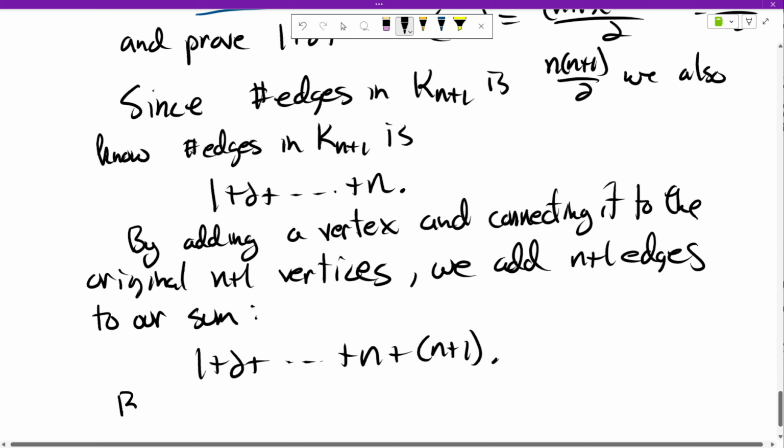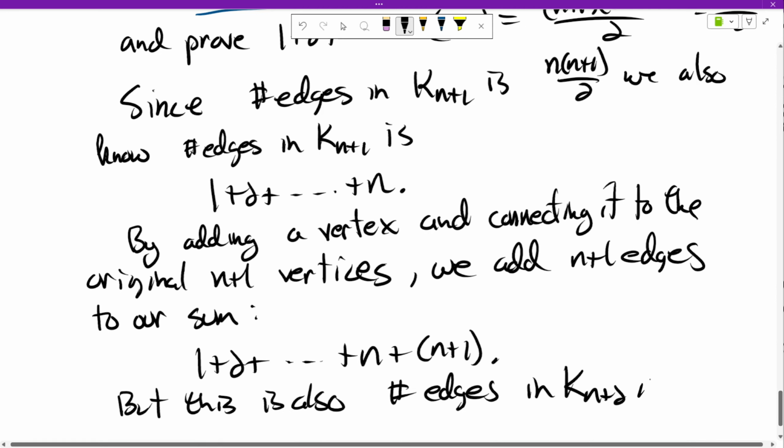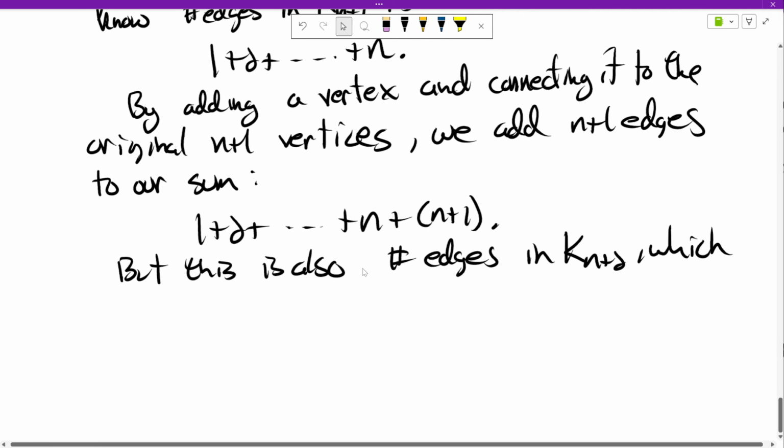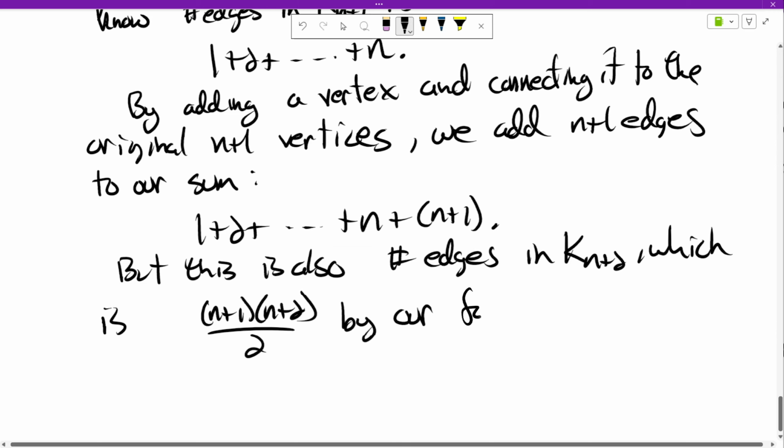But this is also the number of edges in what? Well, we had n plus 1 vertices, and we added one more. So this is the number of edges in K n plus 2, which we have computed with our formula to be n plus 1 times n plus 2 over 2 by our formula from before.